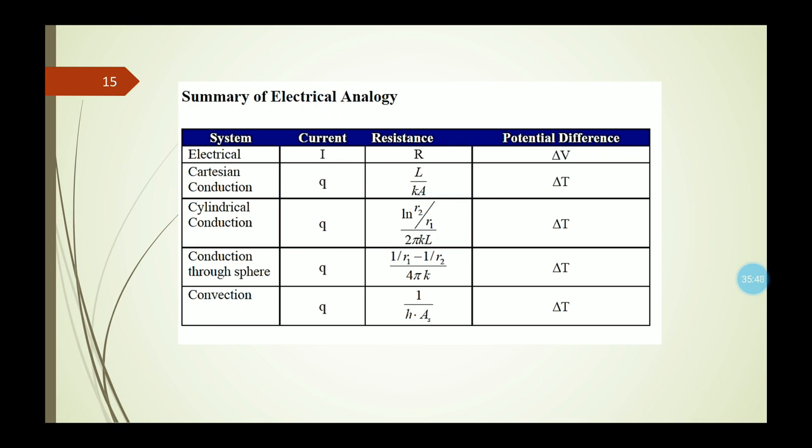And then the conduction through a sphere that we have discussed today. In that case, the thermal resistance is 1 by R1 minus 1 by R2 divided by 4 pi k. And in the case of convection, the thermal resistance is 1 by hA. This formula for the different thermal resistances is very much required to solve different numericals in heat transfer.